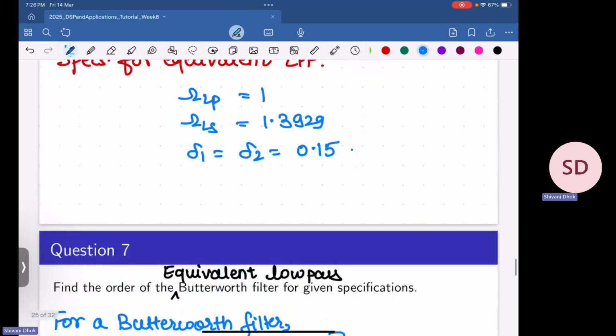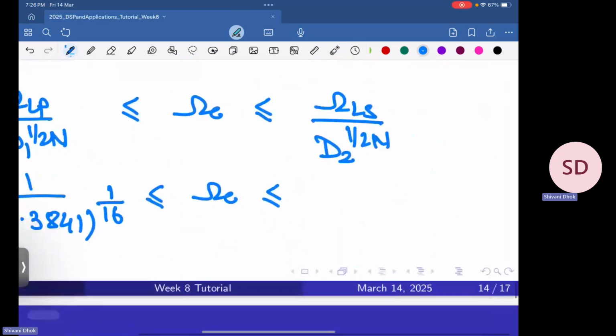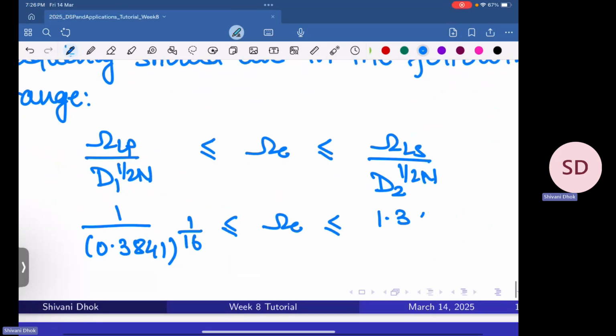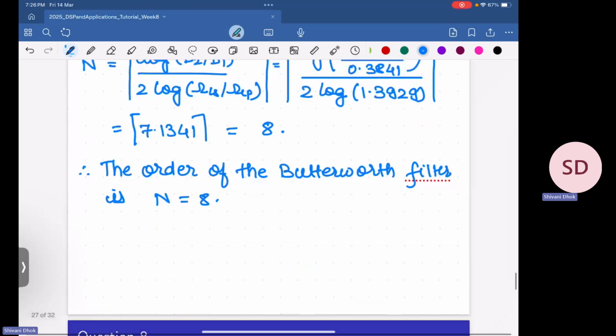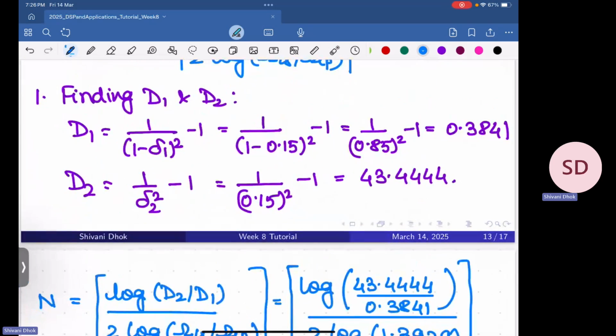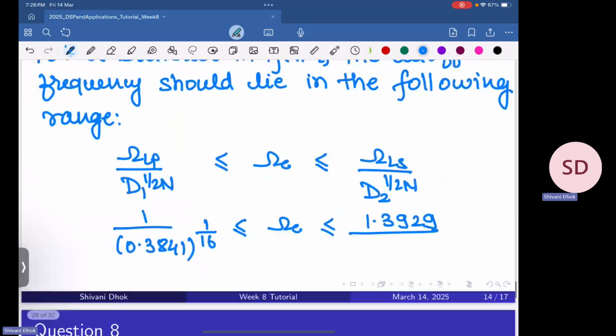Omega ls is 1.3929, divided by d2. This d2 we had obtained as 43.4444, again to the power 1 by 2n, so that is 16.